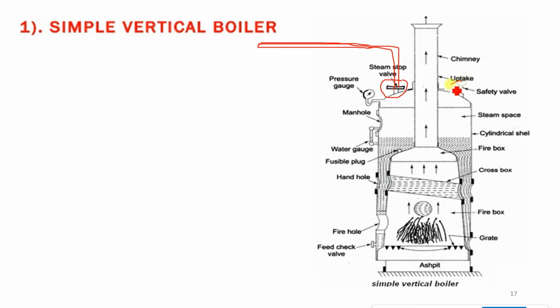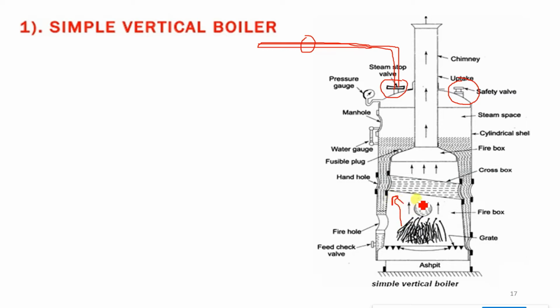Next mounting is the safety valve. The safety valve is used for safety purposes. Suppose you have stopped the supply of steam, or you have decreased the supply of steam, but combustion is taking place in the boiler continuously.